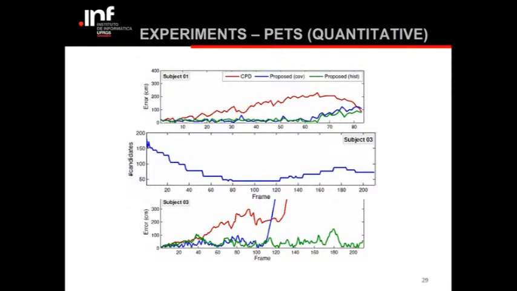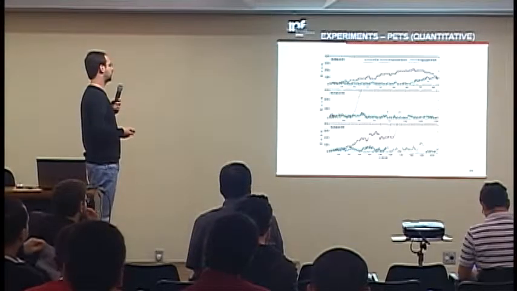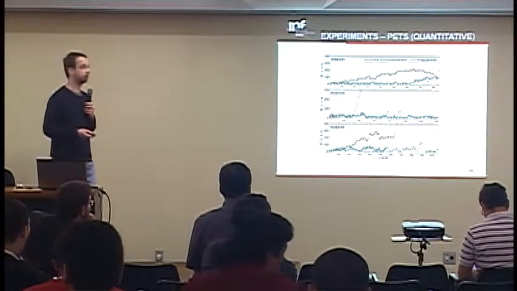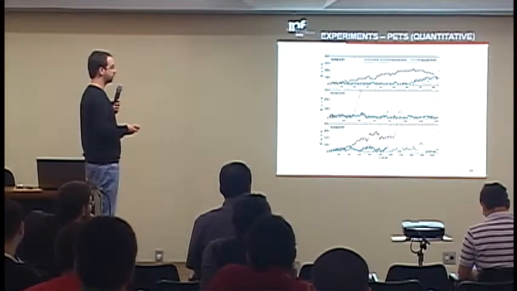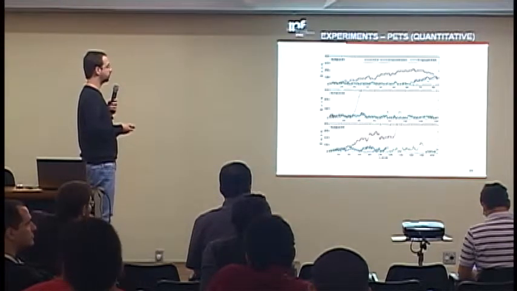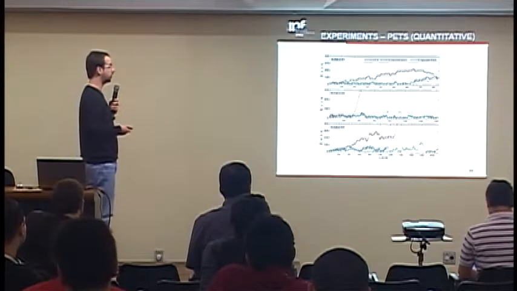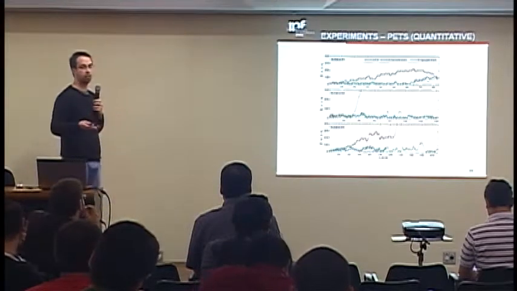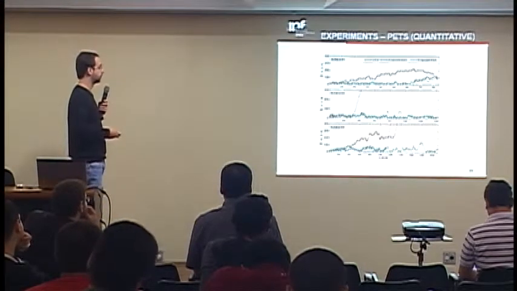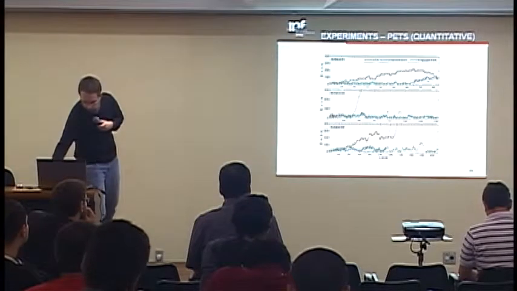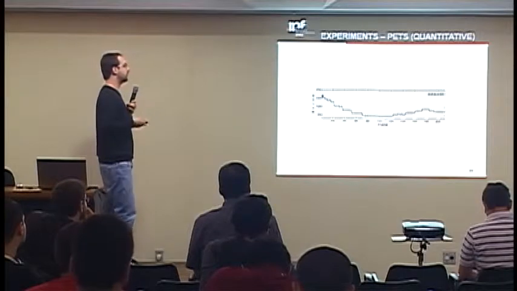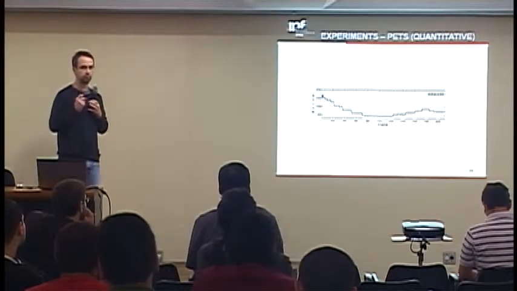Here we are only comparing with CPD, the method we are based on, and we won in both cases, using covariance matrices and also using color histograms. Color histograms are better, but they are more expensive to compute. So we won regarding the old method.